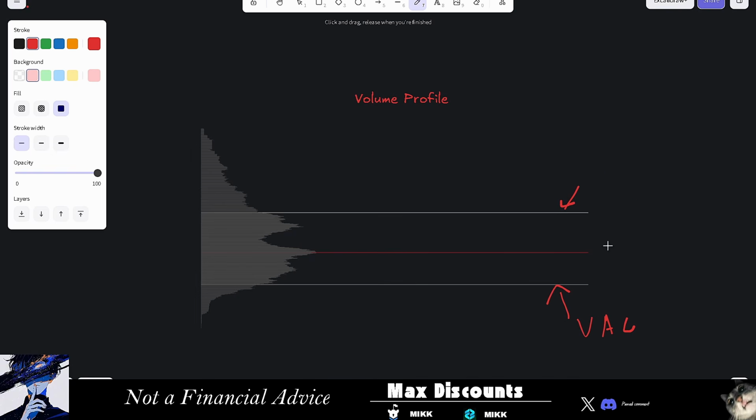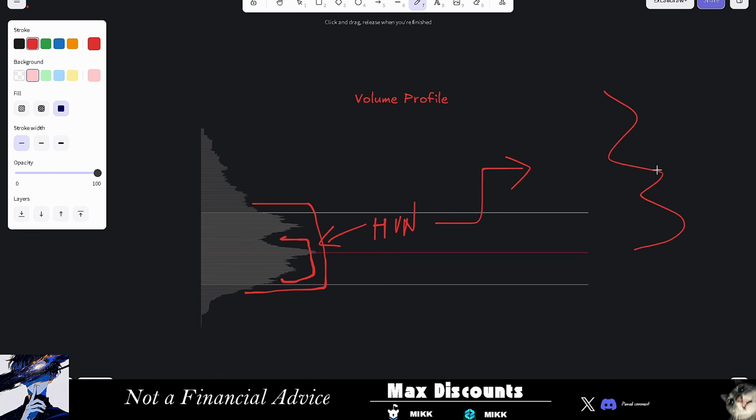And now let's talk about high volume nodes and low volume nodes. So you see this mountain structure, and this small mountain structure. This is called a high volume node.